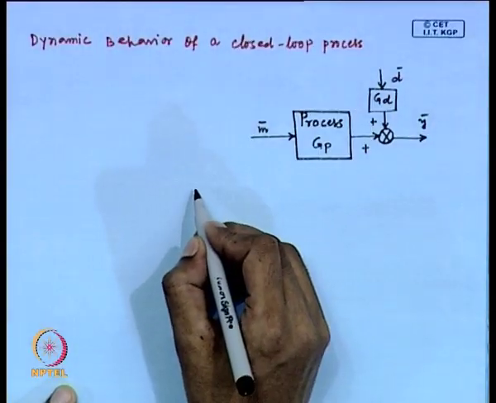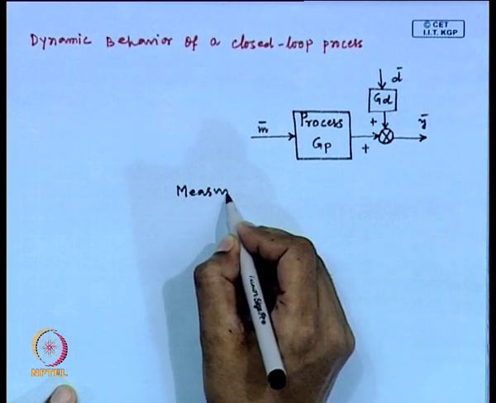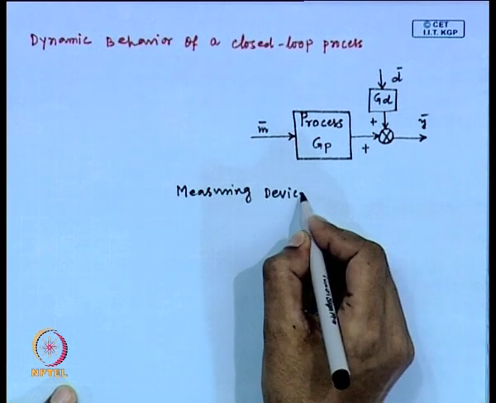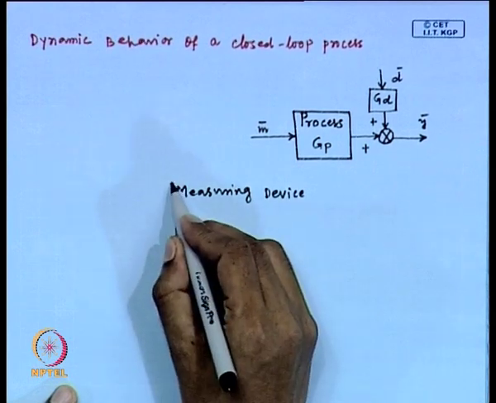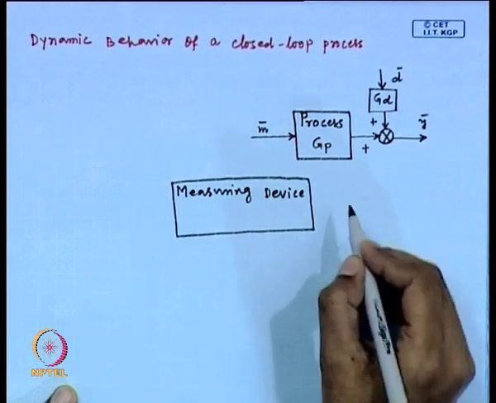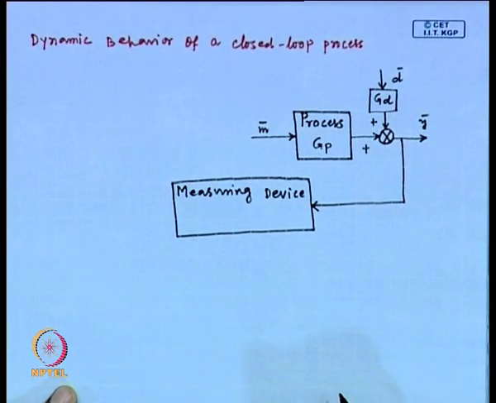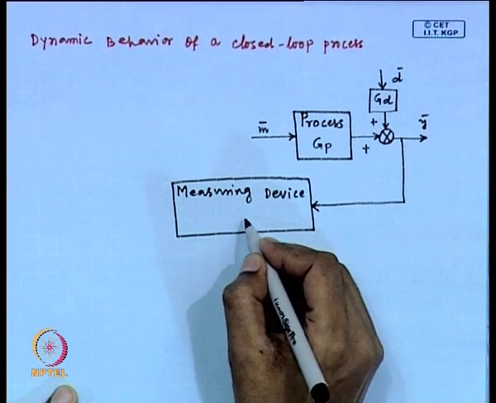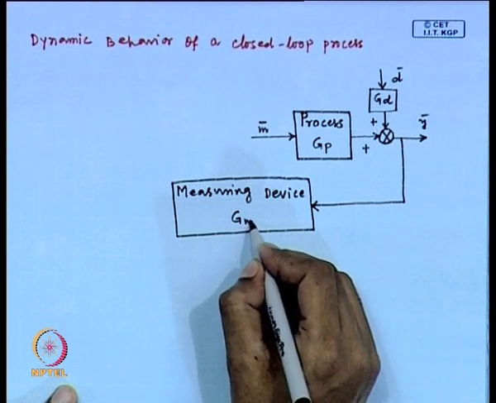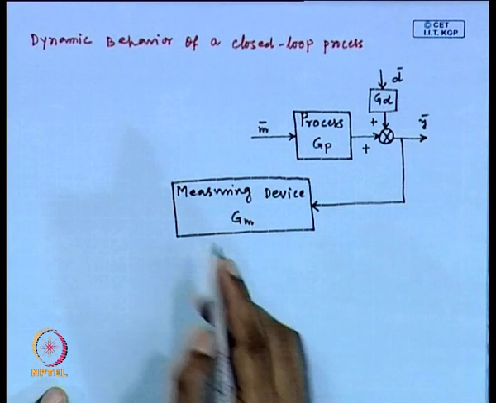Now, what is done? First the process output is measured using a measuring device. Say the measuring device has the transfer function of z m.